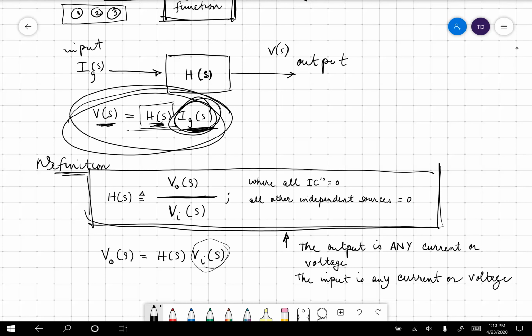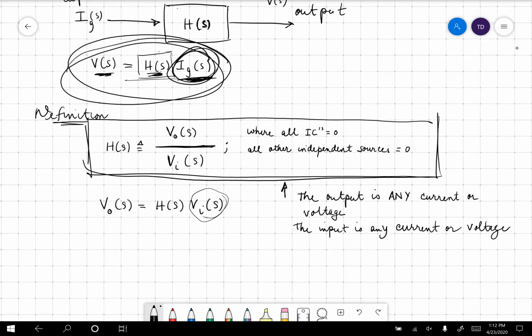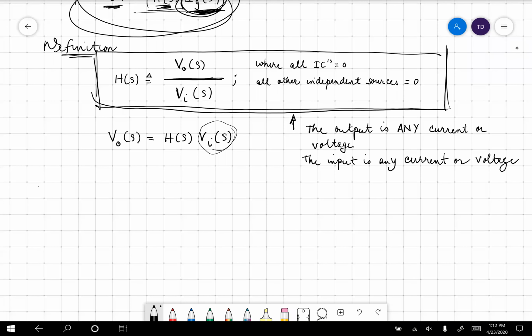So we've done system functions already. I showed you in the previous examples, but we also used this system function. So we know that's an output voltage divided by an input current. So what do I want you to recognize?